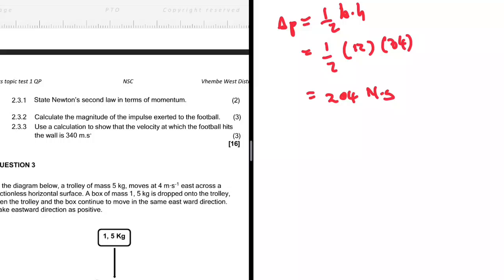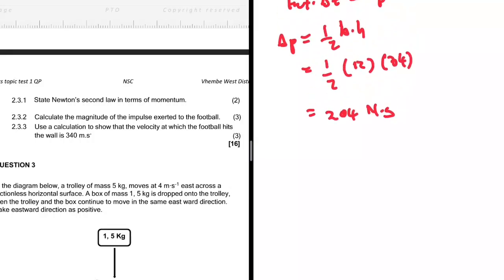Right, so let's see what we have. We have delta p, right? We calculated it using the area of the graph, but delta p is also equal to m times vf minus vi. So we can use this in order to find the velocity. We are using what we're given to find that which the question is asking us to find.